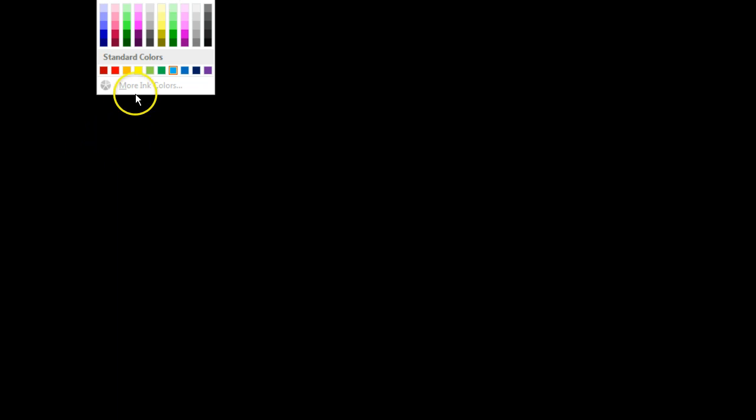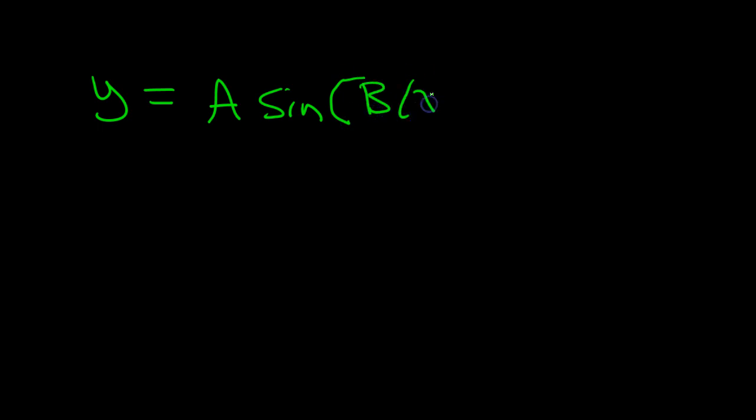Now, a couple other things. When we talk about the general form of a periodic function like sine, it goes like this: y equals a sine, and then inside we have b times x minus h, and then on the end we have plus k.